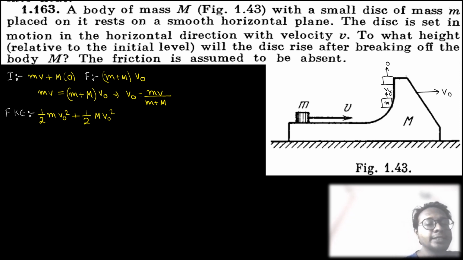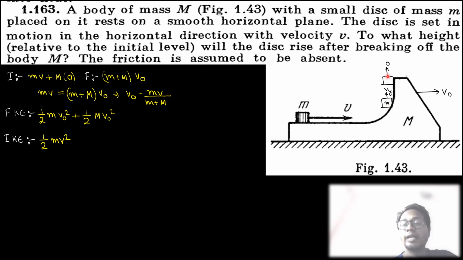Initial kinetic energy is the kinetic energy when the block was out here, which is half m v square. Did this block have any kinetic energy? No. So final kinetic energy minus initial kinetic energy is equal to the work done by all the forces.